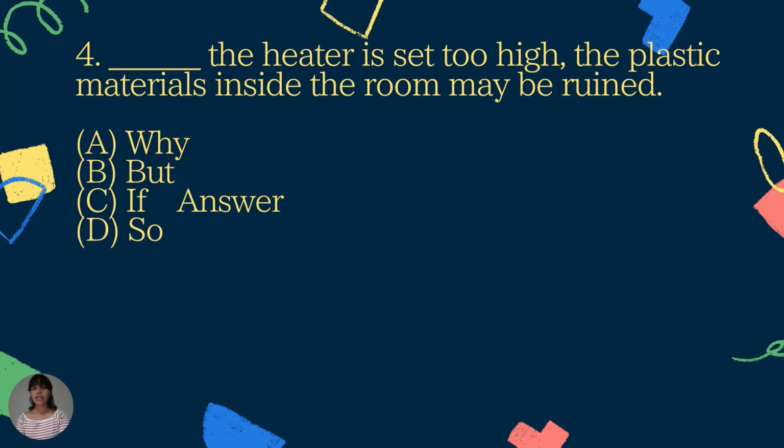Blank, the heater is set too high. The plastic materials inside the room may be ruined. A, why? B, but. C, if. D, so. So this one is a bit tricky because I'm seeing a lot of conjunctions here. I'm seeing a lot of transitionals. So you have to really be familiarized. You have to understand what these words mean.